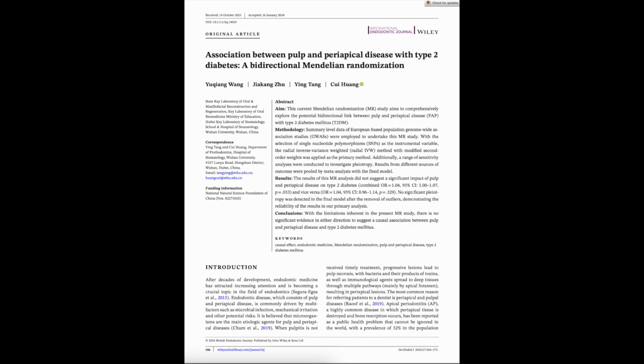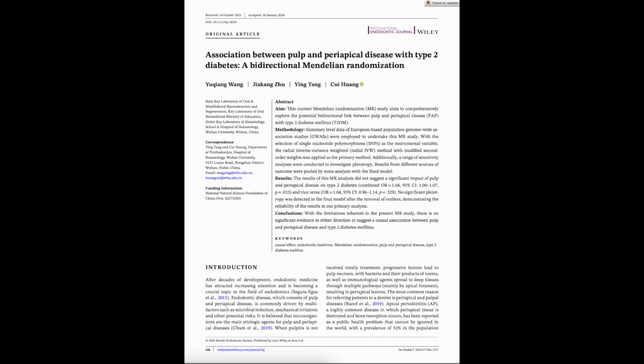The underlying concept of Mendelian randomization dates back to the 1990s, when researchers began to realize that genetic variants could serve as unconfounded proxies, till 2003, when a landmark paper by Davey Smith was published in the International Journal of Epidemiology under the title Mendelian Randomization: Can Genetic Epidemiology Contribute to Understanding Environmental Determinants of a Disease?